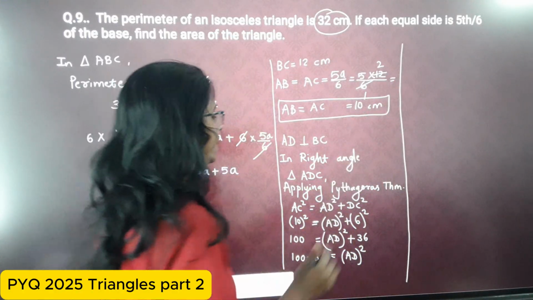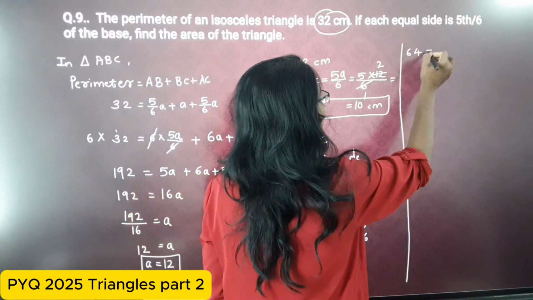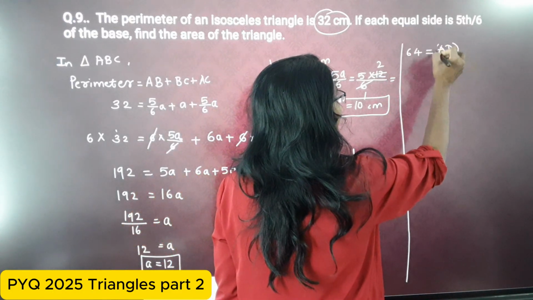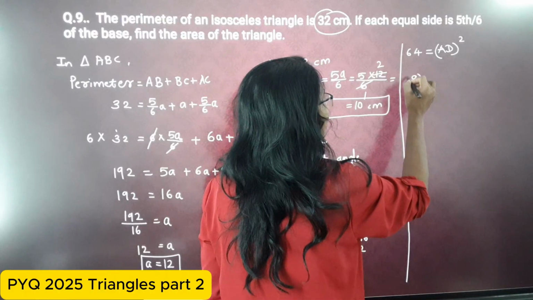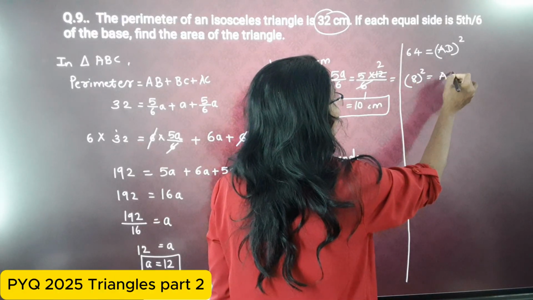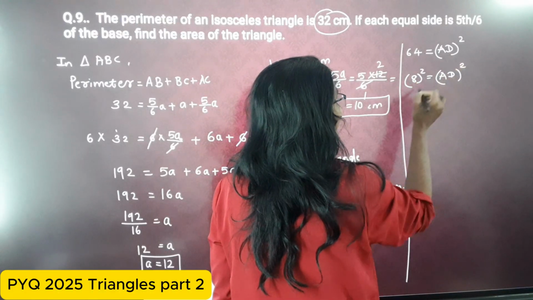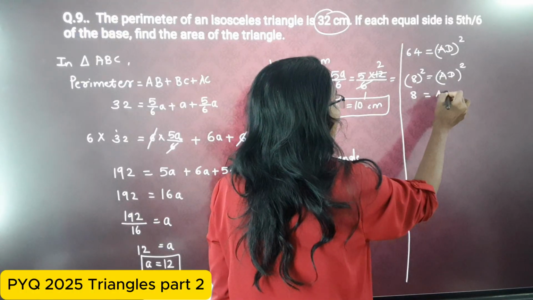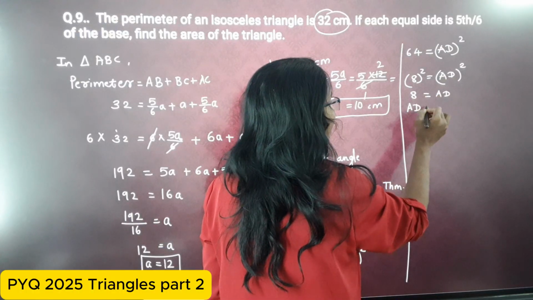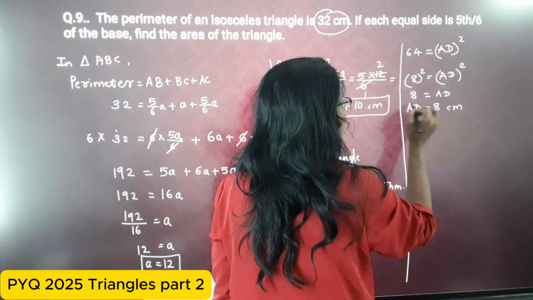Then 64 is equal to AD square. Here 64 is the square of 8, so I write square of 8 is equal to AD square. That means 8 is equal to AD, and then we can write AD is equal to 8 centimeter.